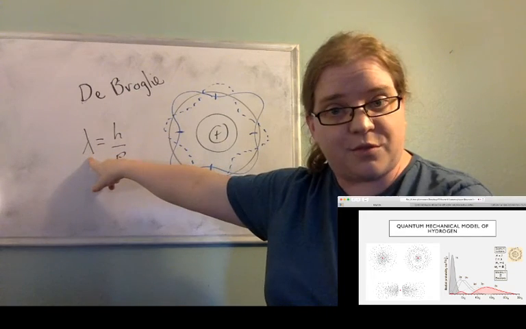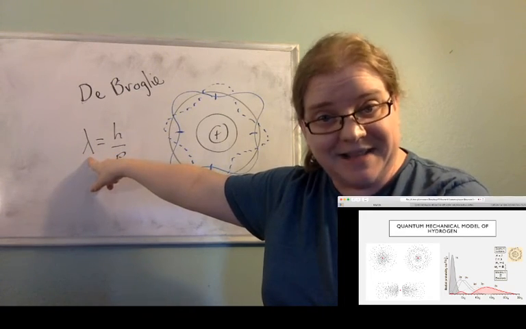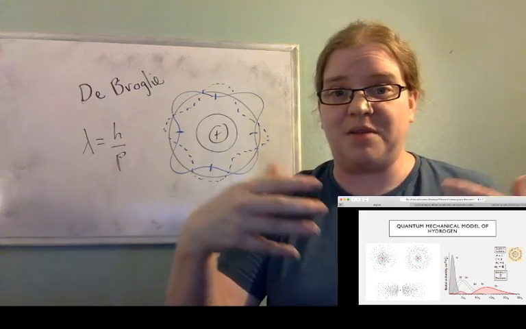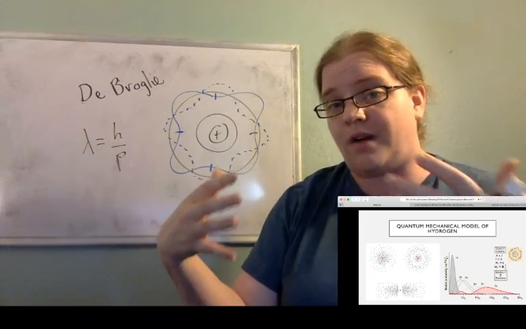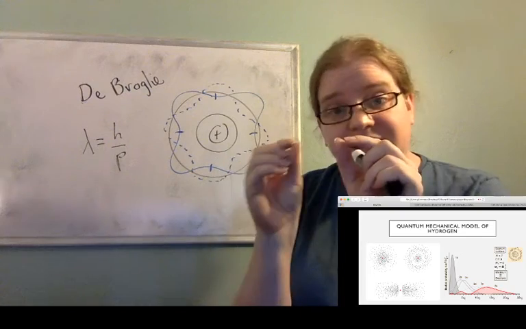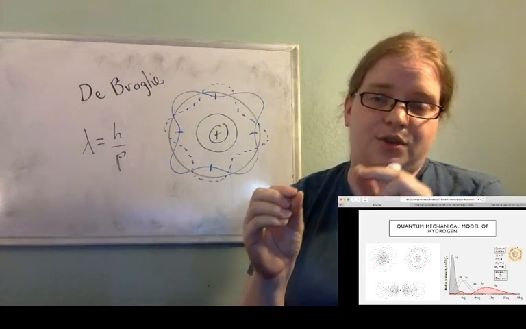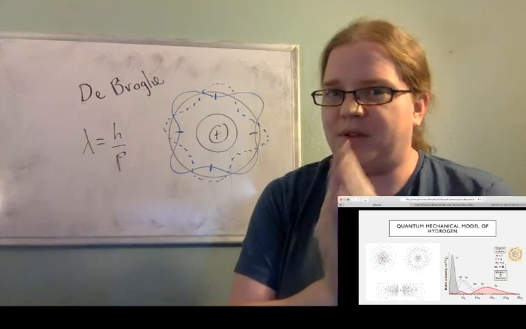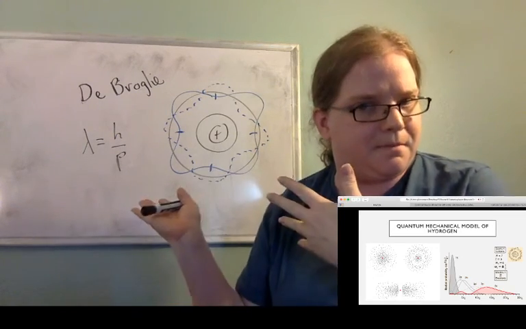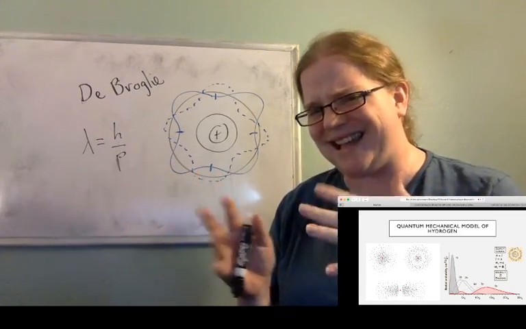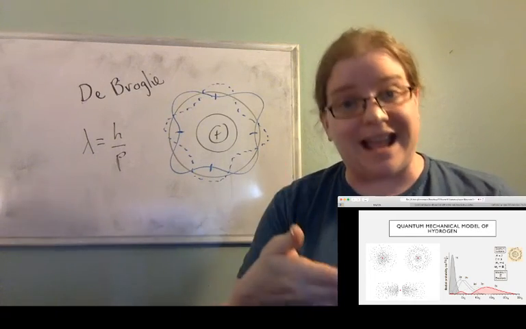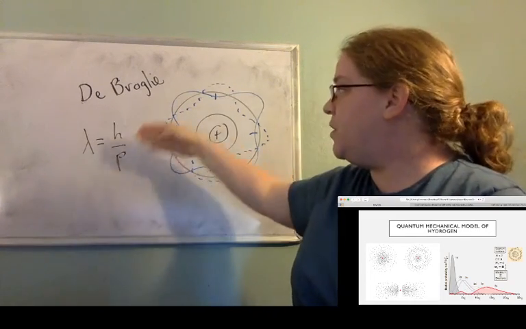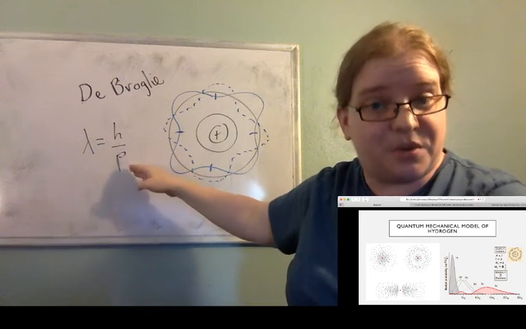This wavelength would be so tiny the only way you'd be able to measure it is if you could fit a walking person through slits about the size of their wavelength. So you'd have to fit through a slit billions and billions and billions of times smaller than an atom. That's not going to happen. With electrons, their mass is so tiny, right?